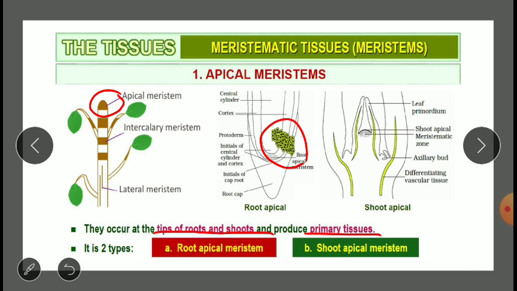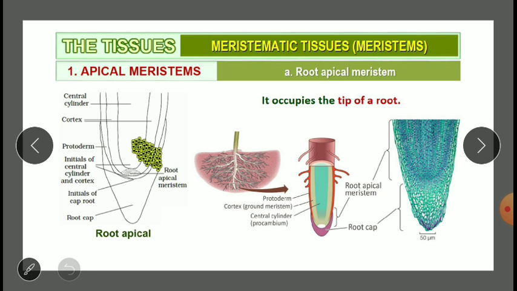There are two types of apical meristems: root apical meristem and shoot apical meristem. Root apical meristem occurs at the tip of the root. The tissues present at the root tip are known as the root apical meristems.